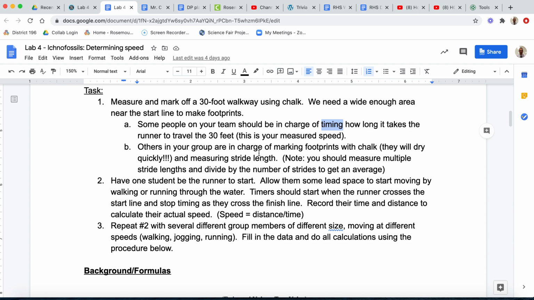Otherwise, if you're doing this outside, which you really should be, you're going to need like water, and you're going to be using your shoes and stepping in water, and you're going to mark. You're just going to walk or run or jog, and wherever your wet foot marks are, that's where you're going to be marking with the chalk. So if you're doing this by yourself, you're going to have to work fast so that the water tracks don't dry before you mark down the data.